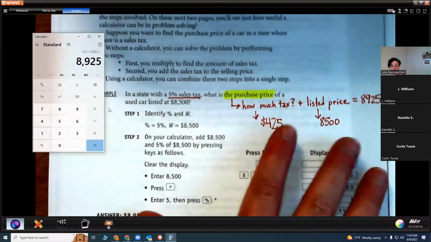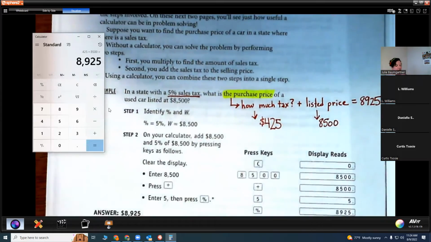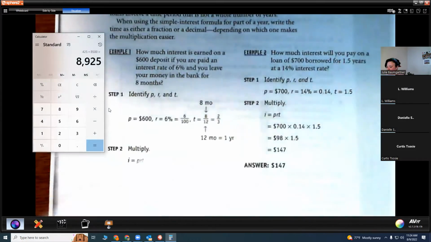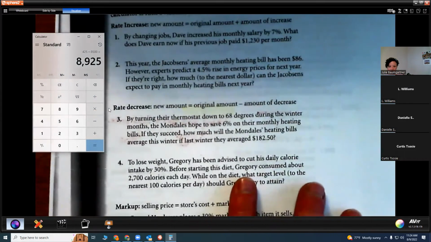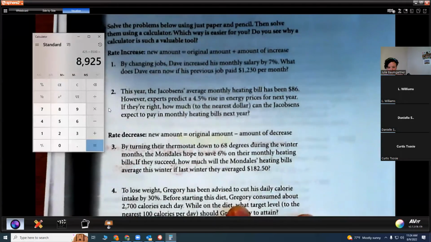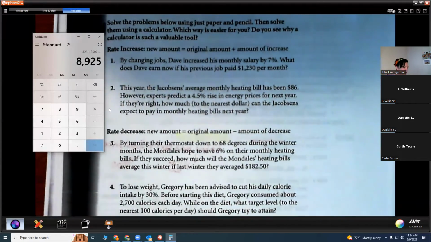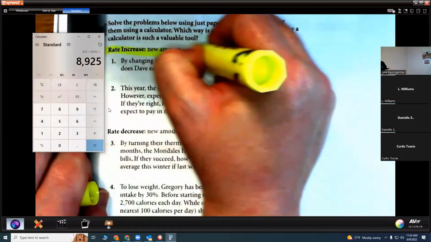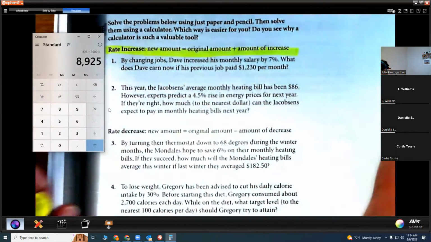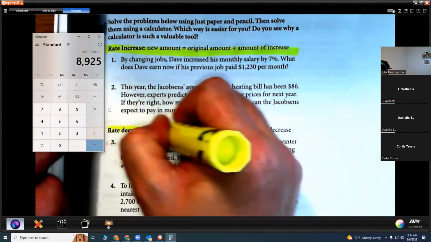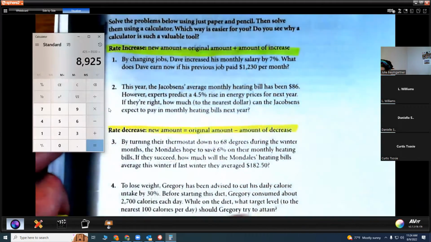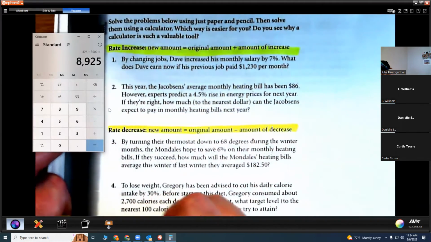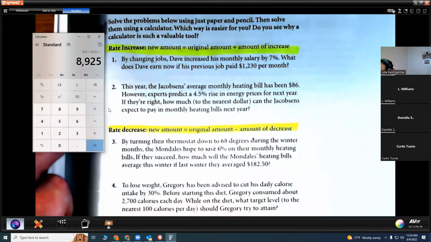Does everyone have this noted? Okay. All right. So you can see here, this gives you a pretty good sense of the scenarios that we will encounter. So we might see a rate increase, a rate decrease. We might see a markup in cost.